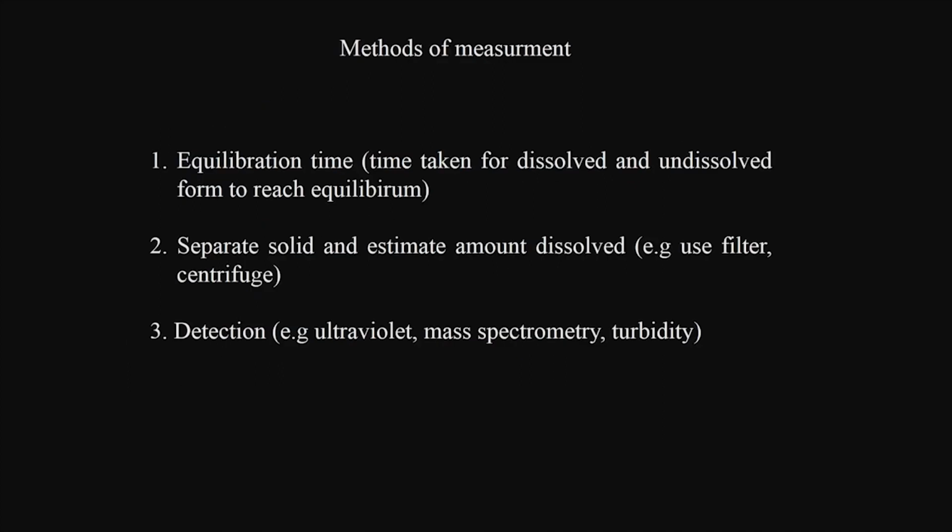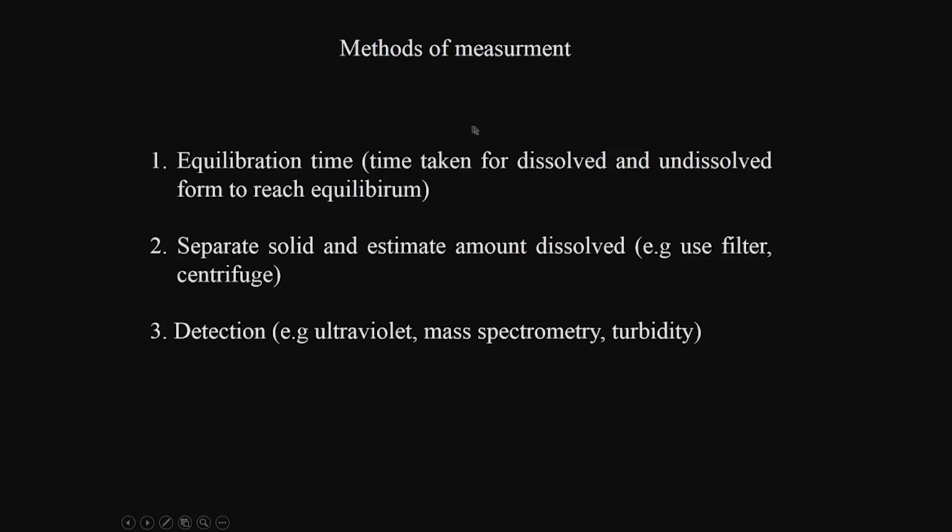Okay, so there are many tools for measuring solubility. One is called the equilibration time, that is the time taken for dissolved and undissolved form to reach equilibrium. So what I do is I take a solid drug, put it in the solvent or water, and then I will see how long it takes for it to reach equilibrium between the solid and the dissolved form.